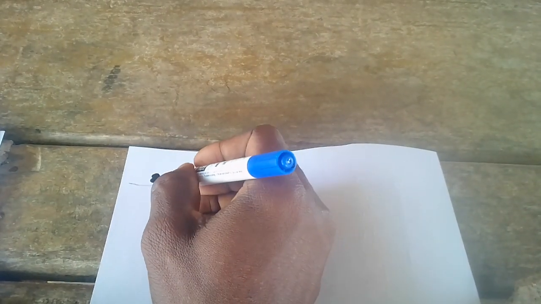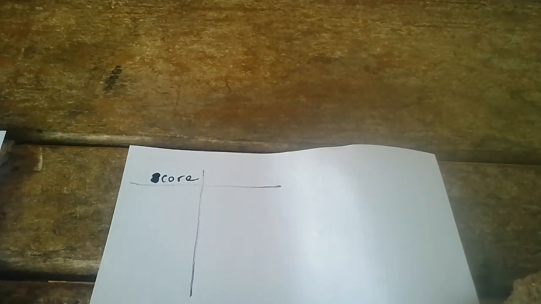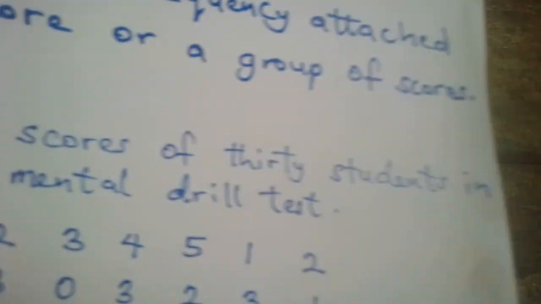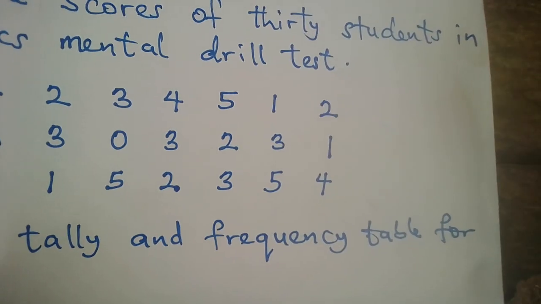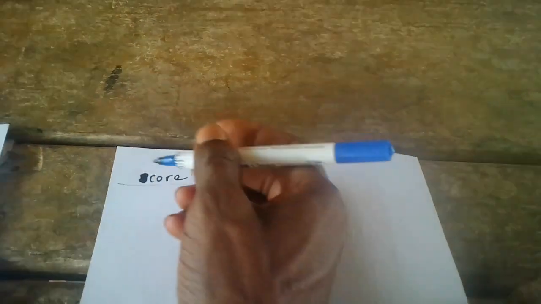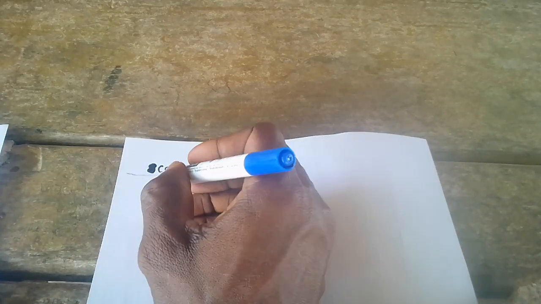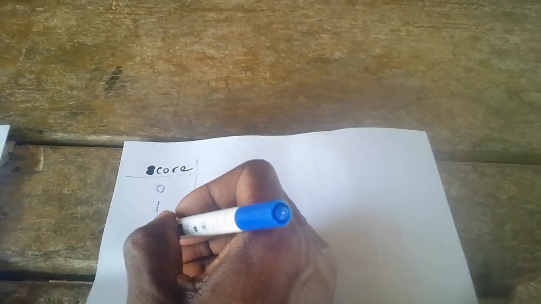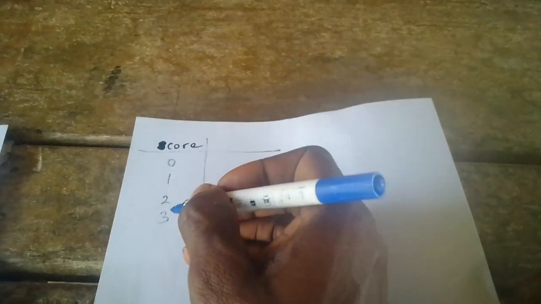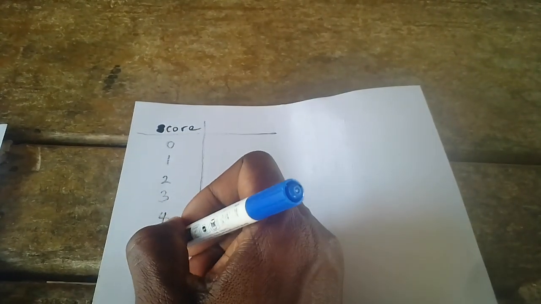What are the scores of the students? So this will be the column. If you look at the table properly, you realize that the scores range from 0 till 5. So I now write the scores each of the students has. Some scored 0, some scored 1, 2, 3, 4, 5.